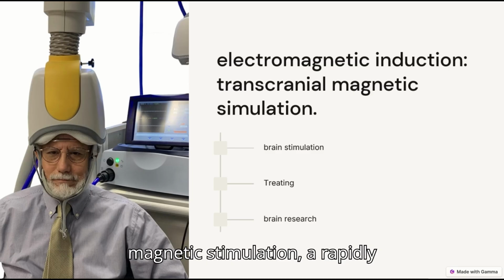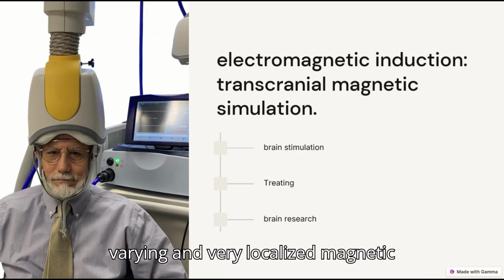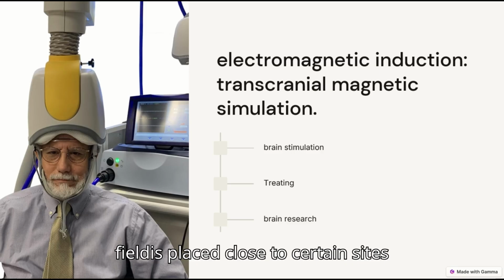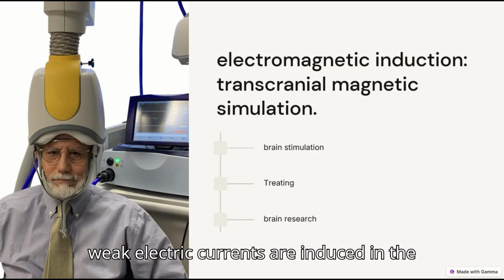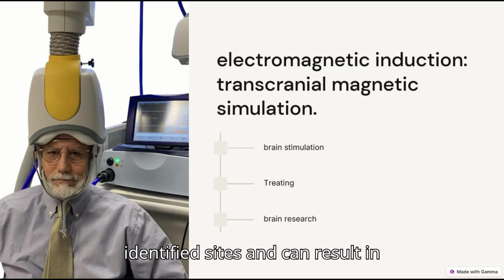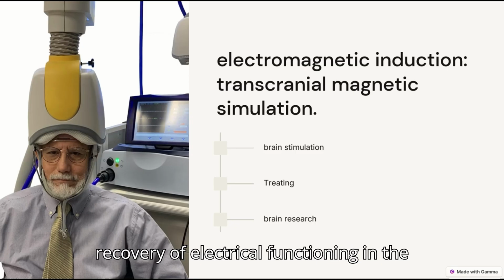In transcranial magnetic stimulation, a rapidly varying and very localized magnetic field is placed close to certain sites identified in the brain. Weak electric currents are induced in the identified sites and can result in recovery of electrical functioning in the brain tissue.